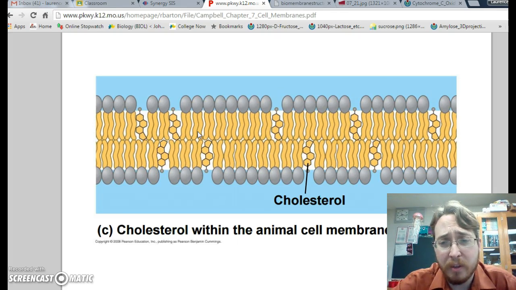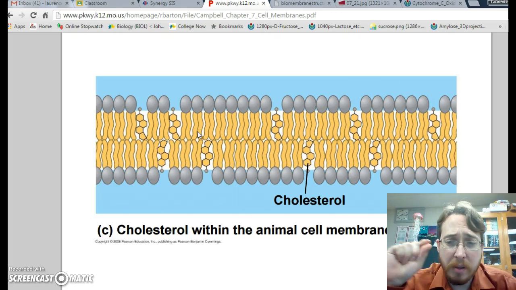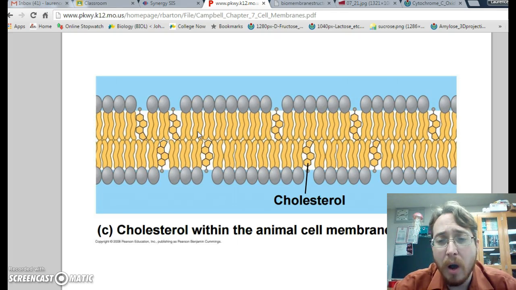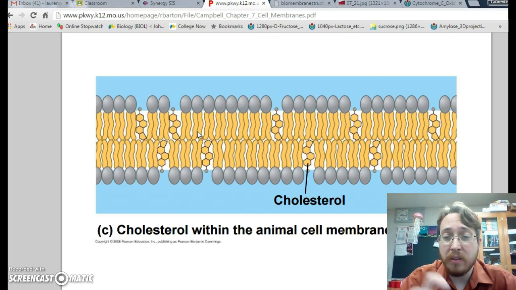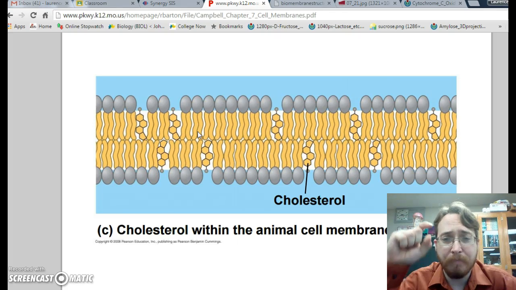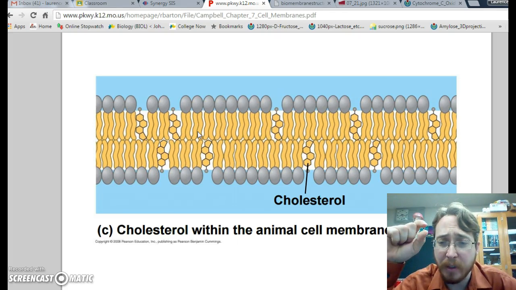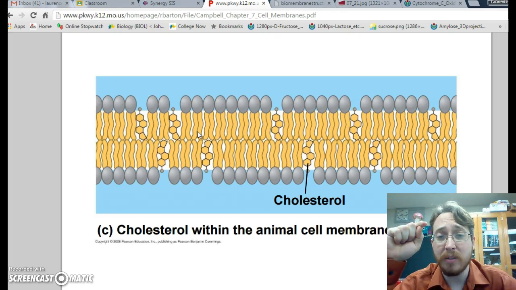Now there's a second thing that cholesterol does, and this is sort of a temperature effect: it reduces the effect of temperature. By increasing the rigidity, it allows the membrane to withstand a smidge of higher temperatures without melting. It kind of keeps it together a little bit longer. And because it's a space filler, it actually prevents the membrane from freezing for a smidge.